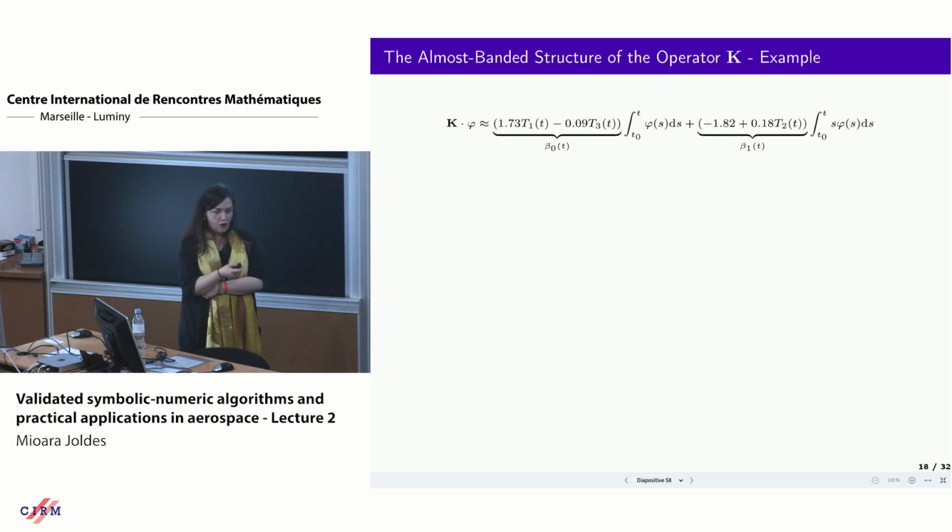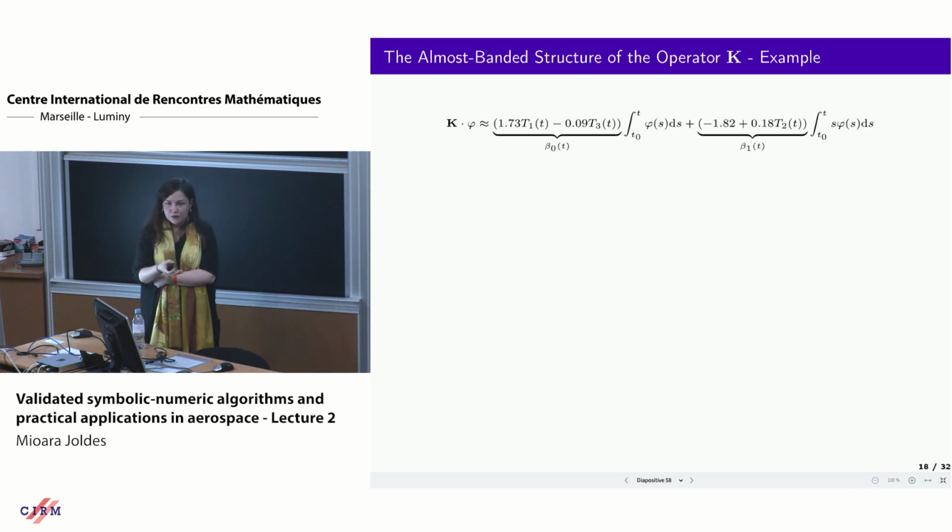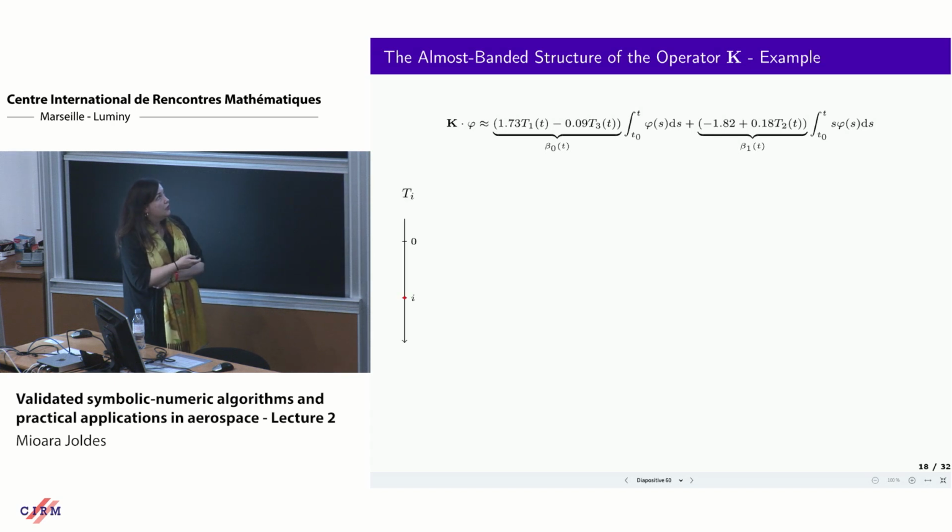Now I can see how this operator acts on a Chebyshev series, and for that I will start with all the polynomials in the basis. So let's see how it acts on one polynomial.